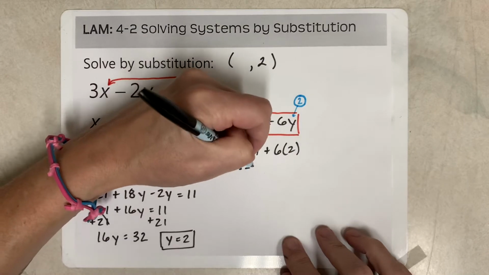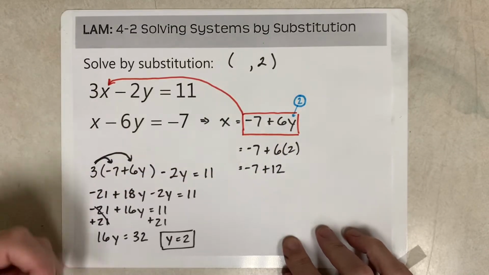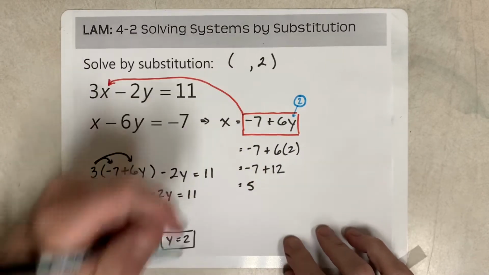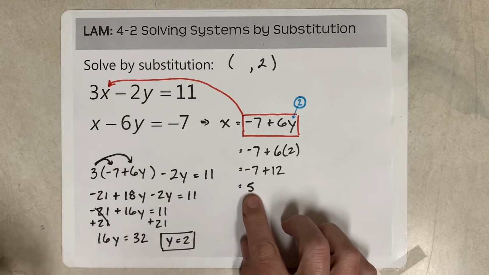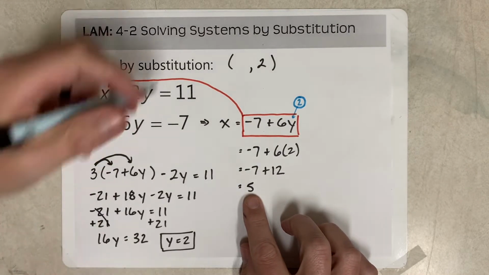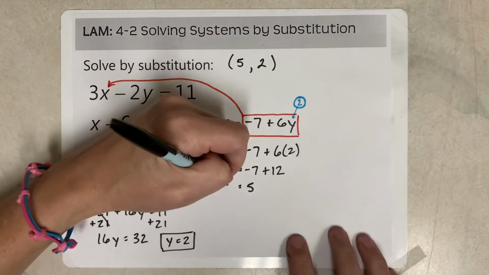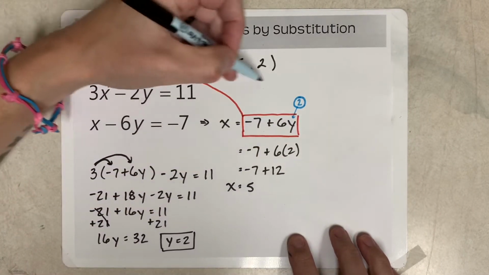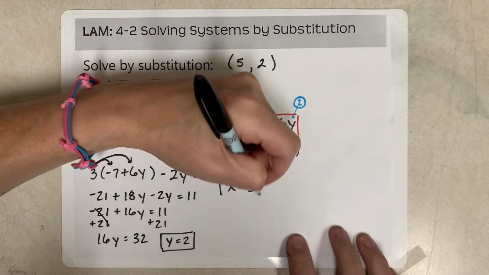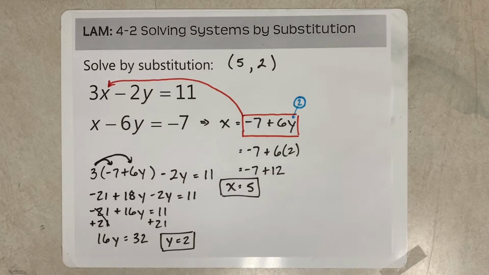So -7 plus 12, and that's going to turn out to be a positive 5. So that means my x value, x coordinate of the ordered pair where they meet is 5. So 5, 2. So you can either write your answer as an ordered pair, or you can box in the x and y values. Okay, next example.